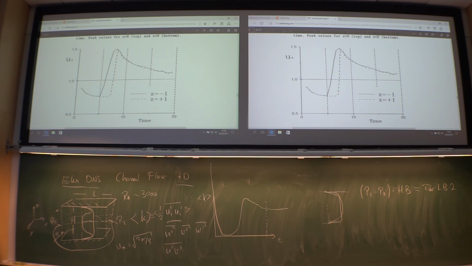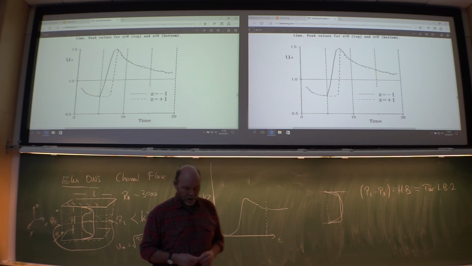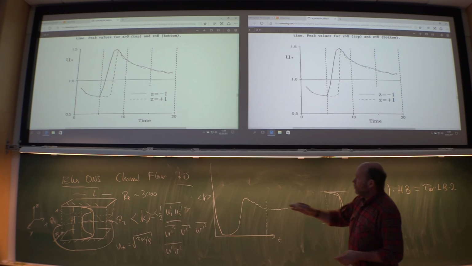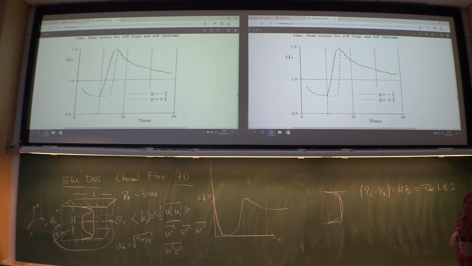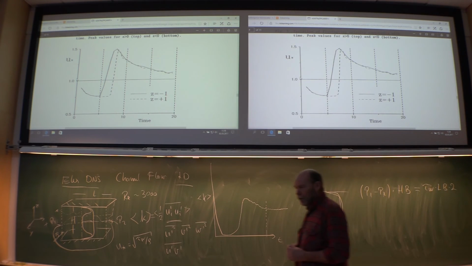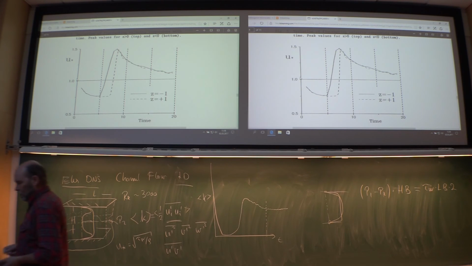That was another monitor value I could check: when is the force balance fulfilled? And yes, indeed, they were tending towards 1, but again, I had to simulate for a long time to obtain it. So this is also a headache when you are doing these simulations.